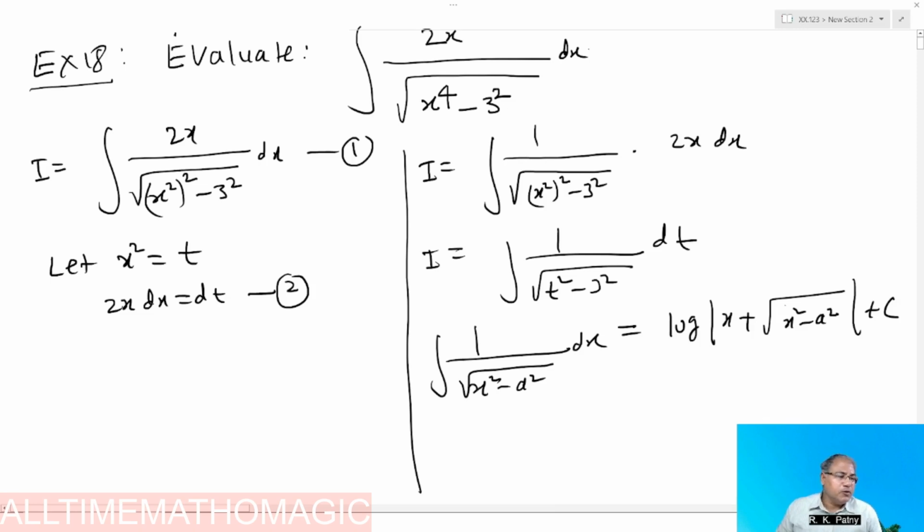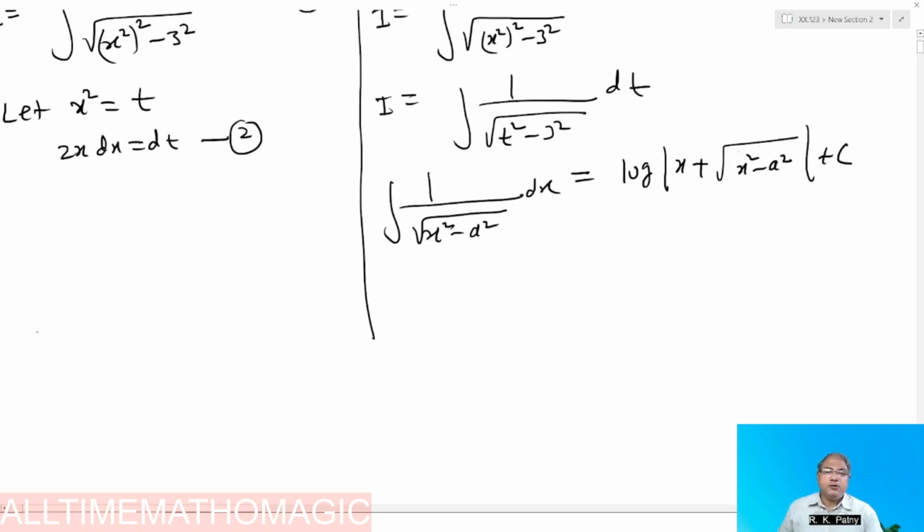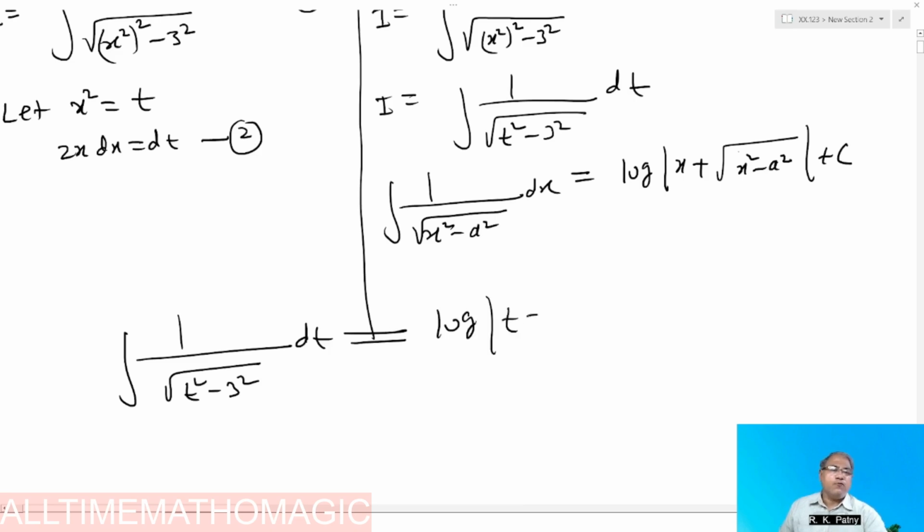Therefore integration of 1 upon under root of t square minus 3 square with respect to t is equal to log of modulus of t plus under root of t square minus 3 square plus c.